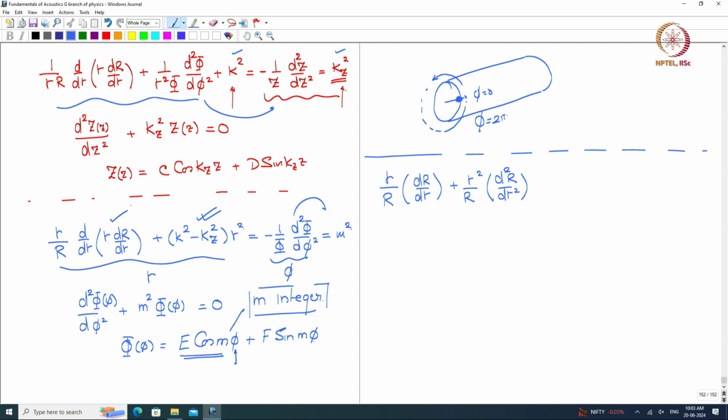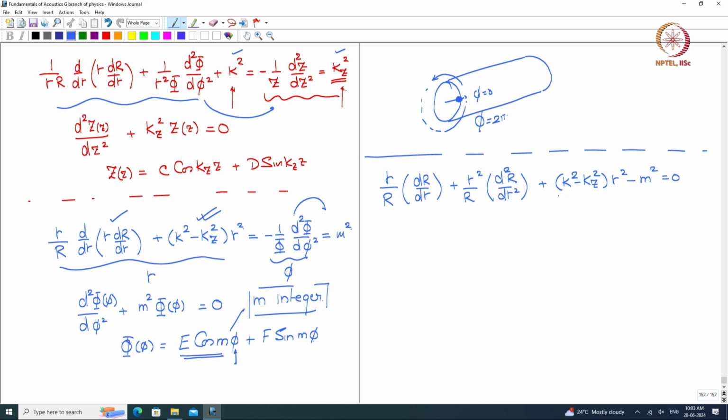I just opened out this derivative, then plus k square minus kz square into r square minus m square equal to 0.